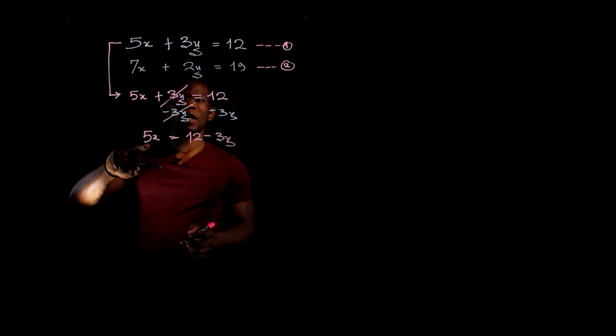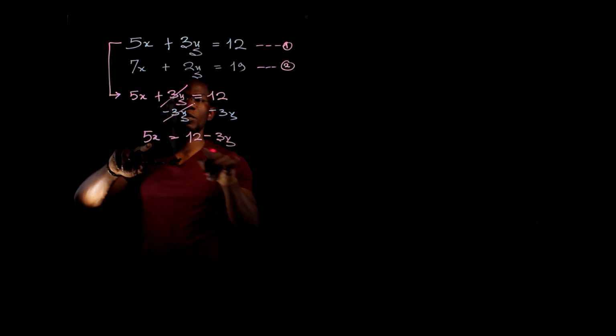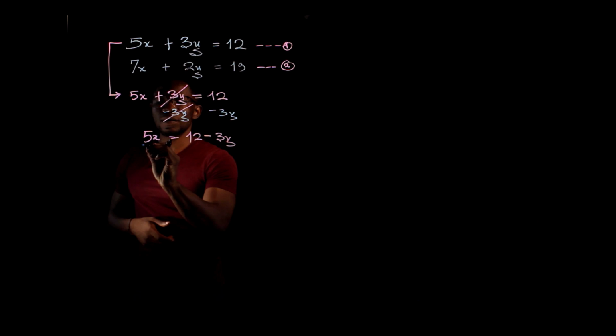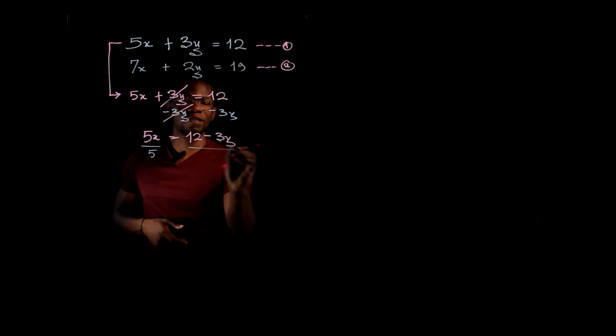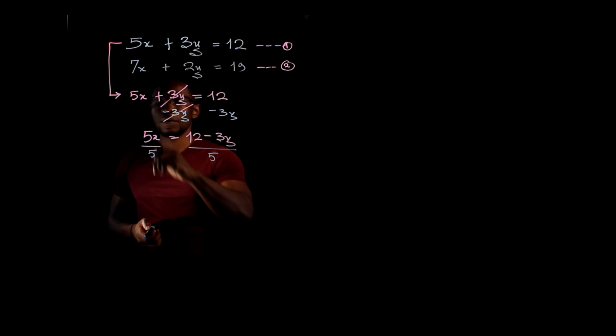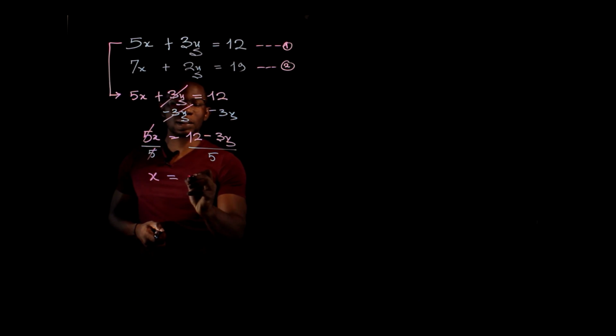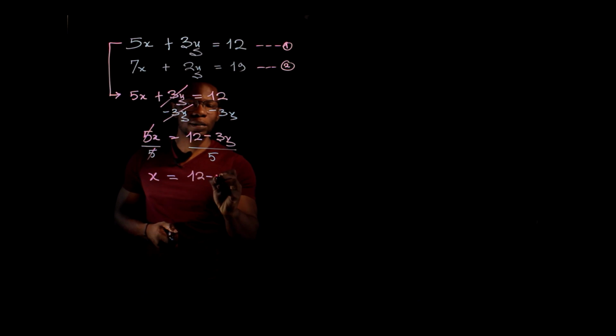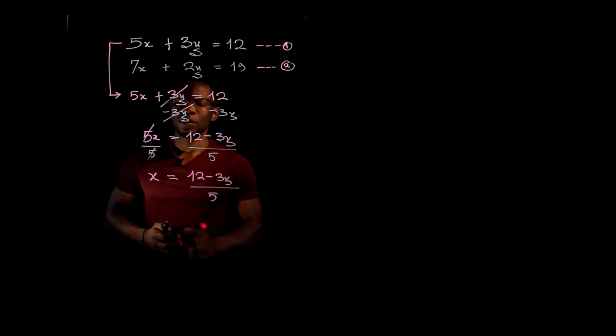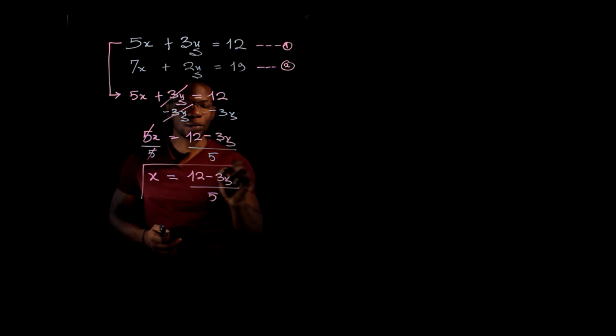But we still have this 5 here. So to get rid of this 5, we divide both sides by 5. Now, the 5 here cancels out the 5 here, so on this side, we're left with x. And on this side, we have 12 minus 3y divided by 5. So now we have an expression for our x.